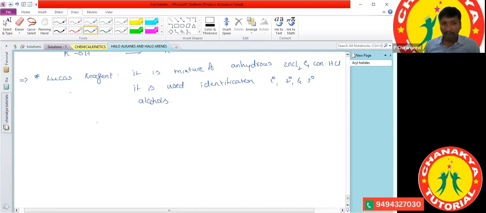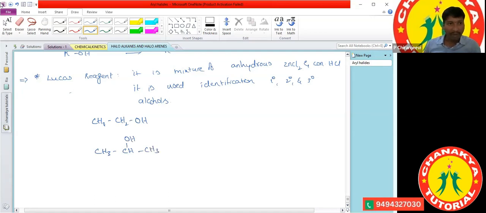What is an example of a primary alcohol? I'm taking ethanol, CH3-CH2-OH. The second one I'm taking is a secondary alcohol, CH3-CH(OH)-CH3.